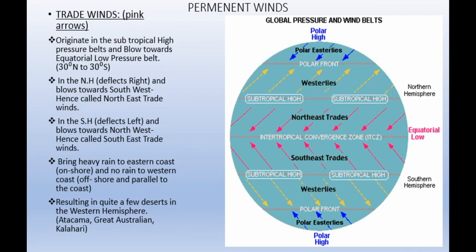It results in quite a few deserts in the western parts of continents, the Atacama, Great Australian and Kalahari deserts, because of the blow of the trade winds from north and south towards the equatorial low pressure areas. Now we can continue, this all I already explained.